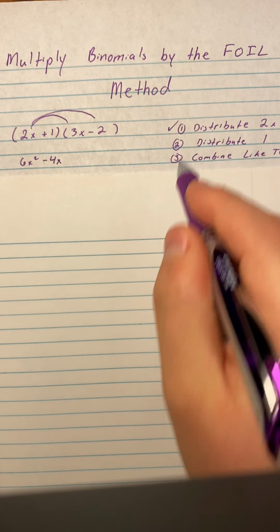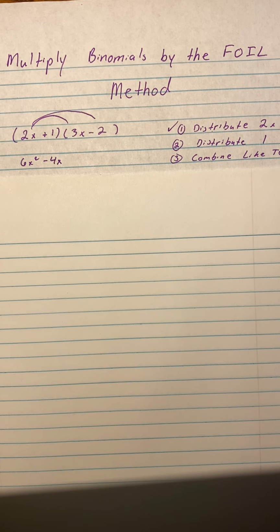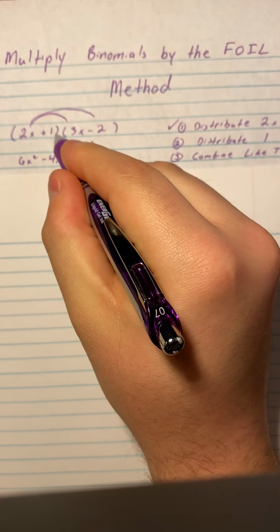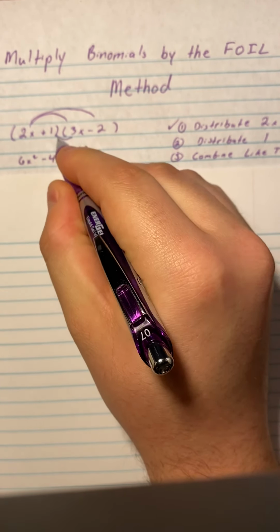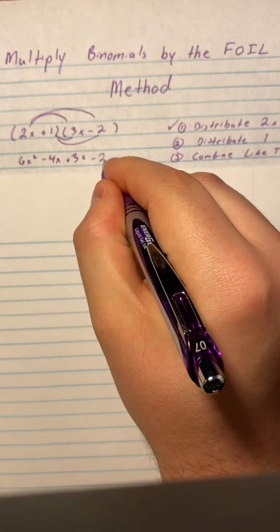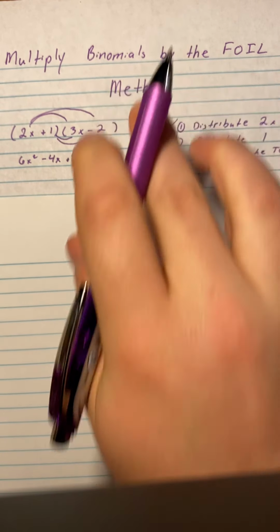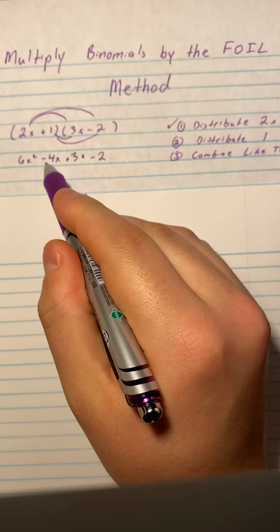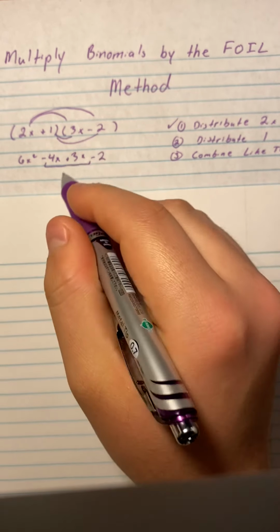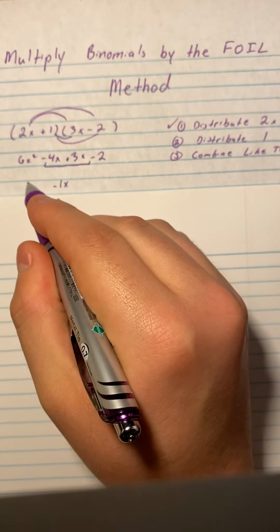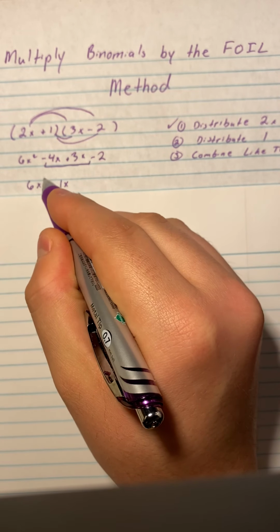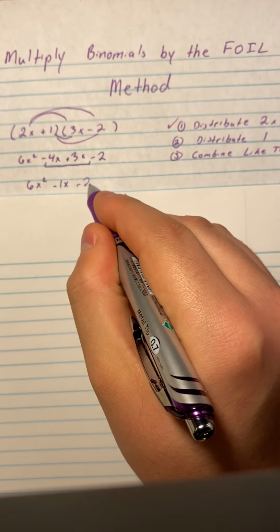Then we would distribute the 1. So 1 times 3x is 3x, 1 times negative 2 is negative 2, and then finally we would combine the like terms in the middle. Negative 4x plus 3x is negative 1x. So our answer would be 6x squared minus 1x minus 2.